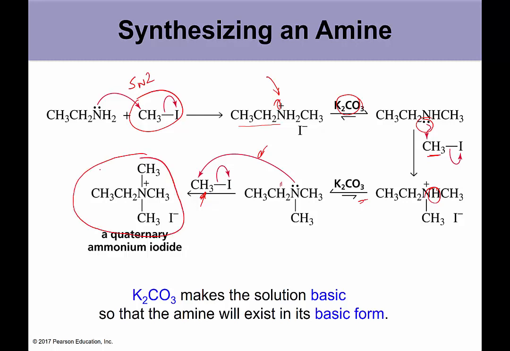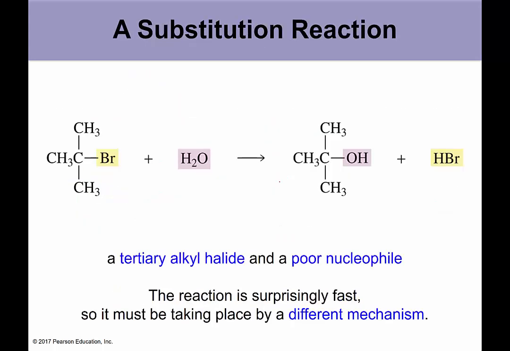If you use methyl iodide, it's a quaternary ammonium iodide. So the potassium carbonate's purpose is primarily just to keep it in its basic form so that it can act as a nucleophile. Otherwise, amines are a little bit different than a lot of the other nucleophiles in that when it gets protonated, it is no longer active. But you can activate it by simply removing the proton for subsequent addition reactions, like these.